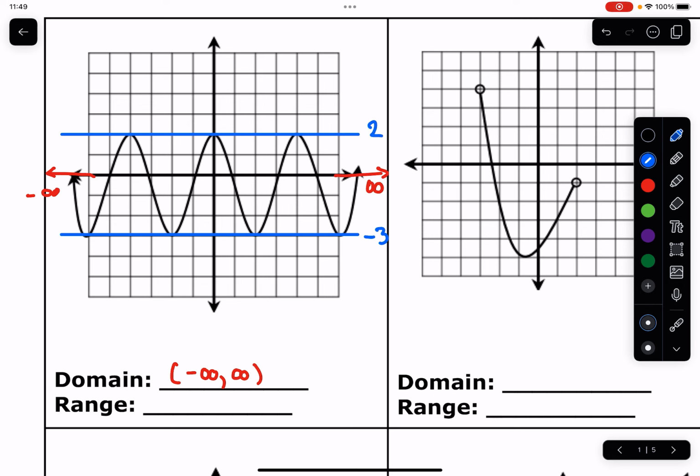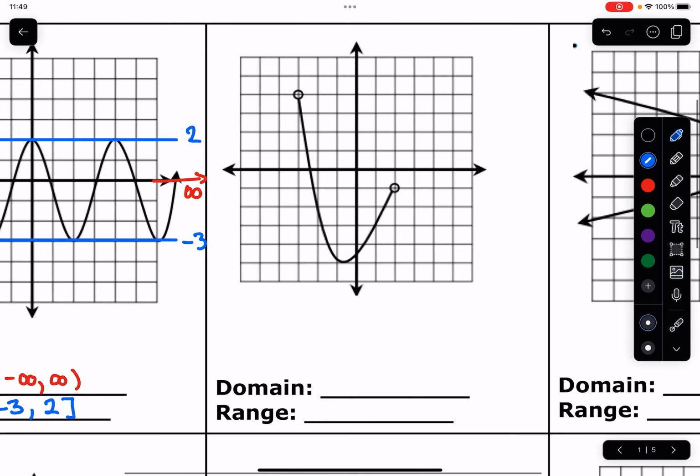So this graph is bounded in terms of the y value, between -3 and +2. So that tells us what the range is. So our range is going to be the y values between -3 and +2. Now, because the top boundary and the lower boundary, again, are not open circles, that means that they are included within the set, and we use the brackets to indicate that.